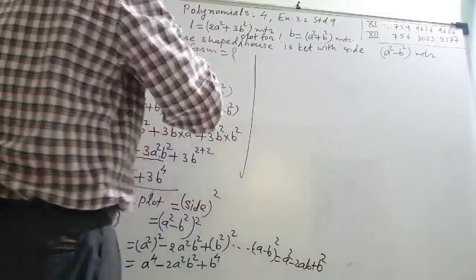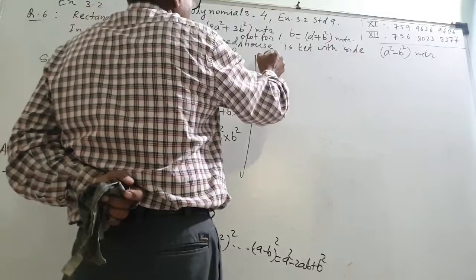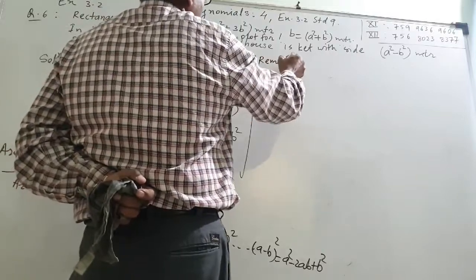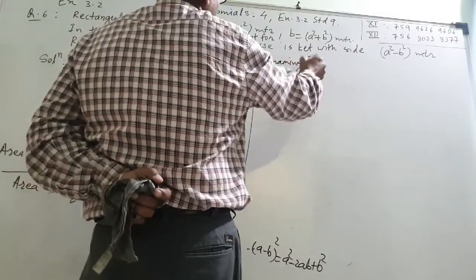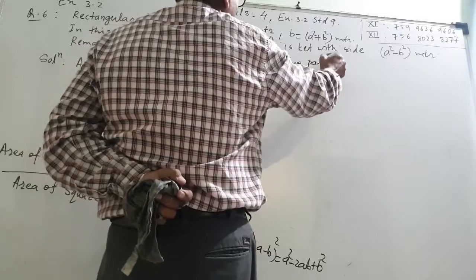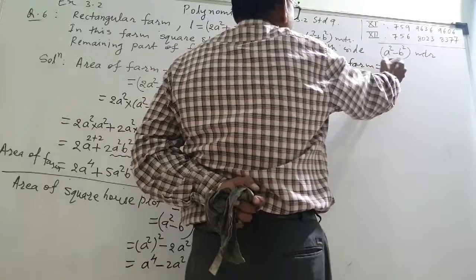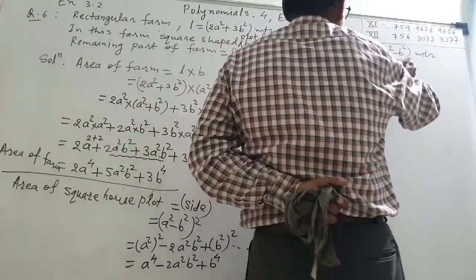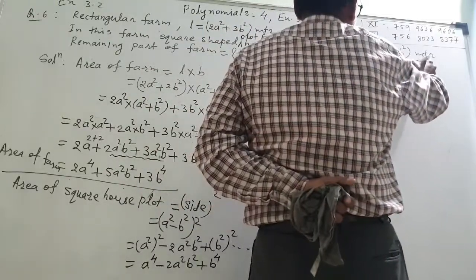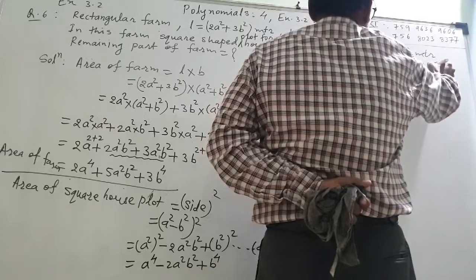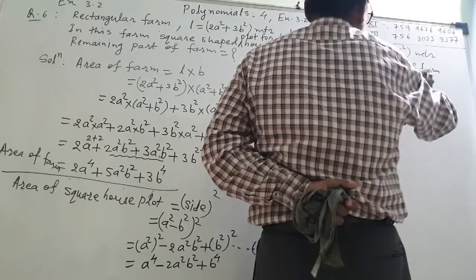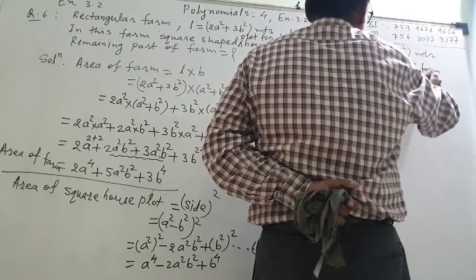So remaining part of the farm is equal to area of farm minus area of house plot.